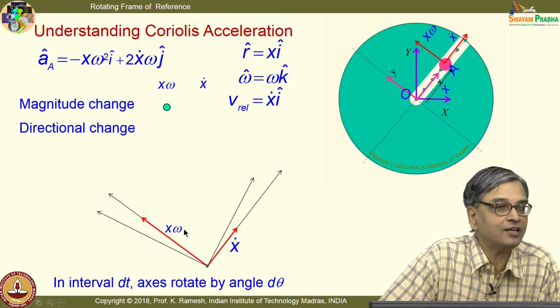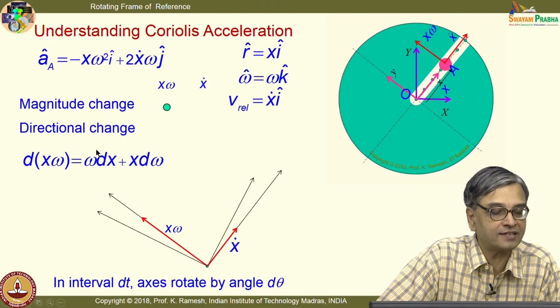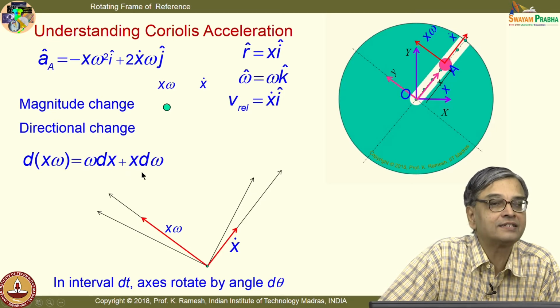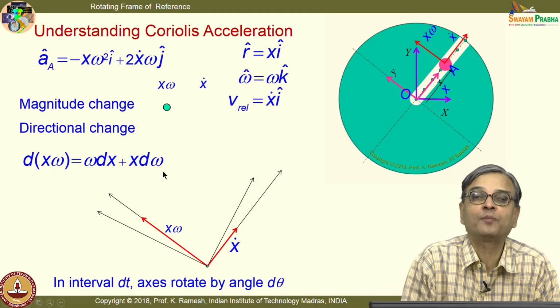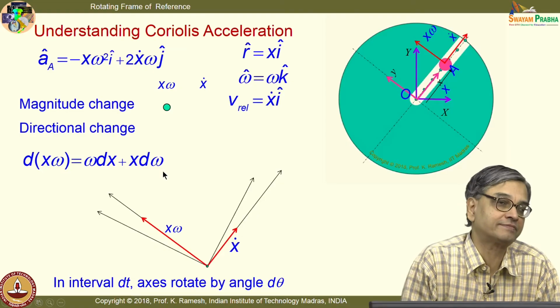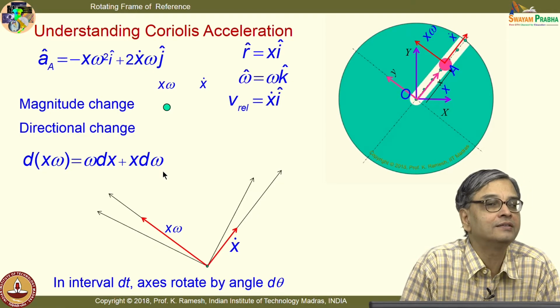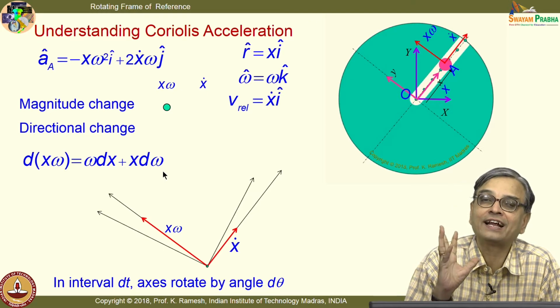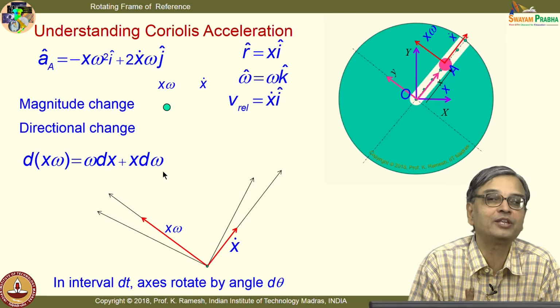I have x omega, so I differentiate it. When I differentiate it, I get omega dx plus x d omega. It is also given in the problem in what way omega is changing. It is clearly stated, to make our life simple, that the disk is rotating at a constant angular velocity. What is the meaning of that?